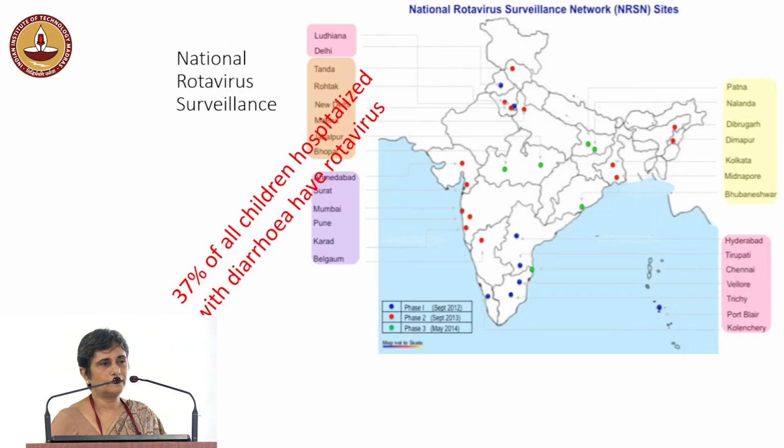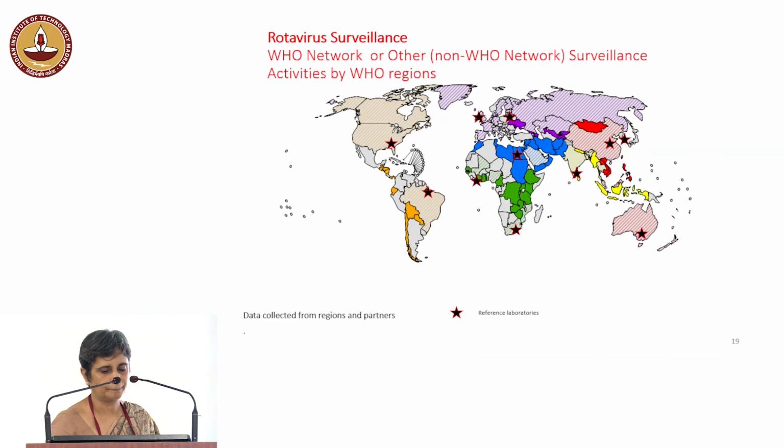We also did a lot of work in hospitals where we set up this national network, and we looked at what was the proportion of diarrhea that was due to rotavirus in the hospitals. In the West, it's usually about 3 out of every 5 episodes are caused by rotavirus. In India, it's about 2 out of every 5, given that we have many more pathogens that cause diarrhea in our children.